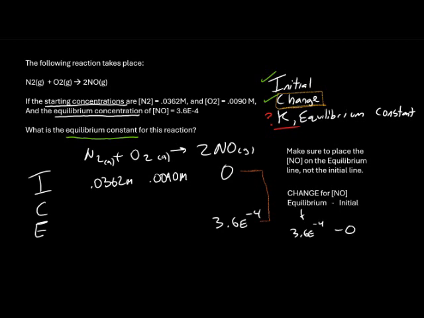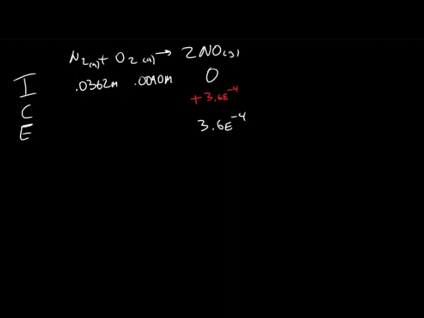The initial concentration was 0, and so if we subtract, we get 3.6 times 10 to the negative 4 for our change of NO. With this information, we can find the change for the other two species as well. To find the change for the other two species, we can use stoichiometry. Our change for NO was 3.6 times 10 to the negative 4 molarity.